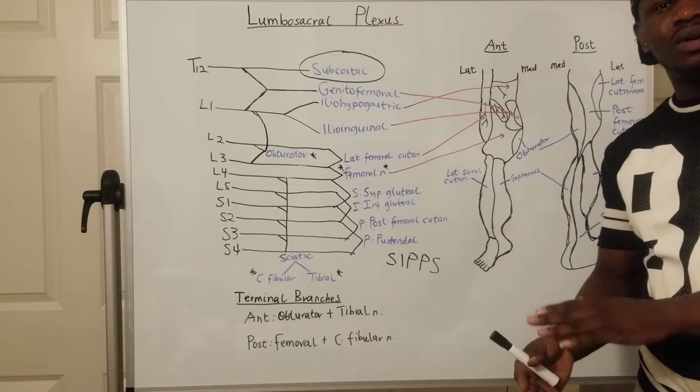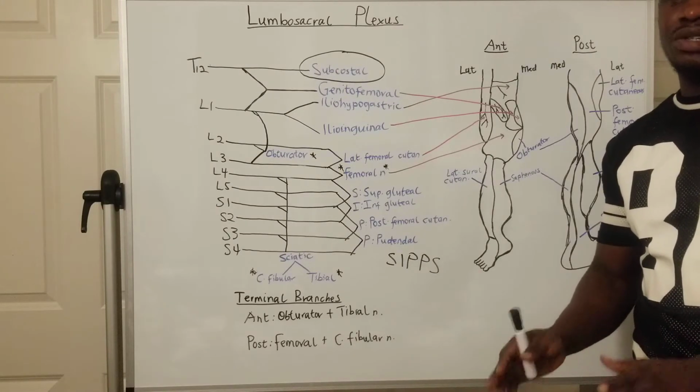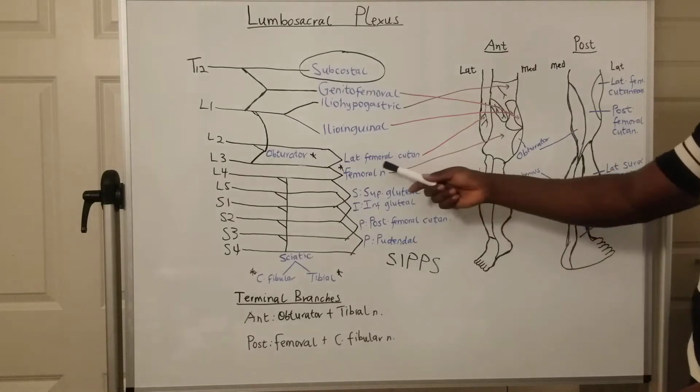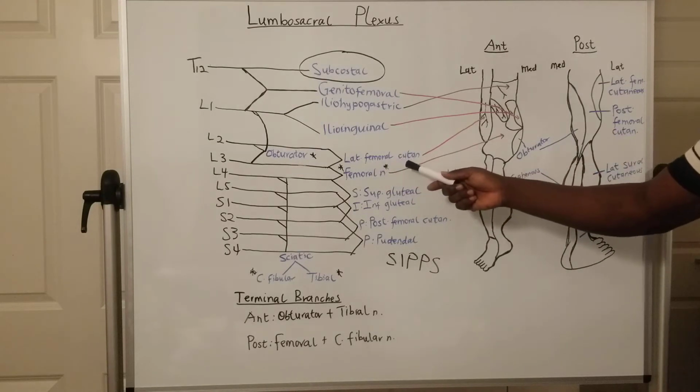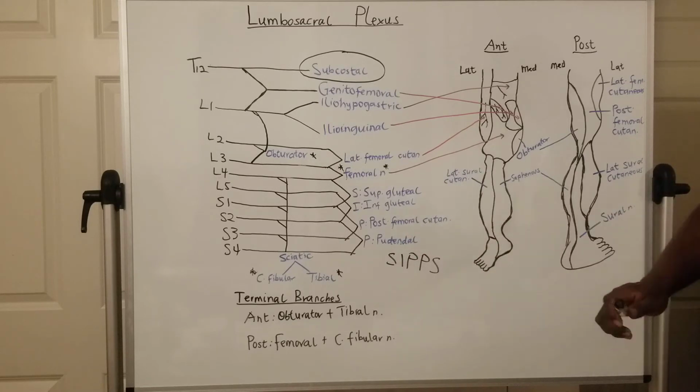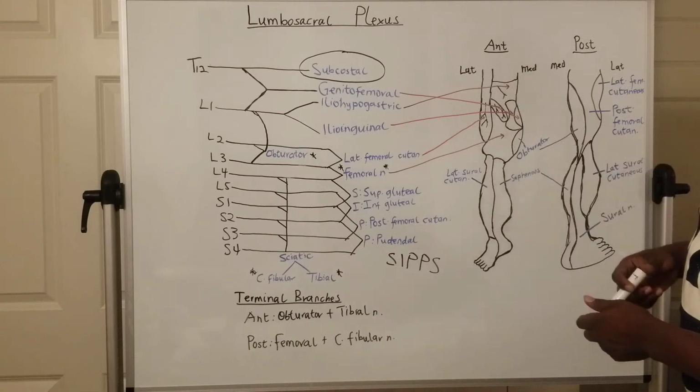Cutaneous nerves only provide sensory sensations. So lateral femoral cutaneous nerve is only sensory. Posterior femoral cutaneous is only sensory.